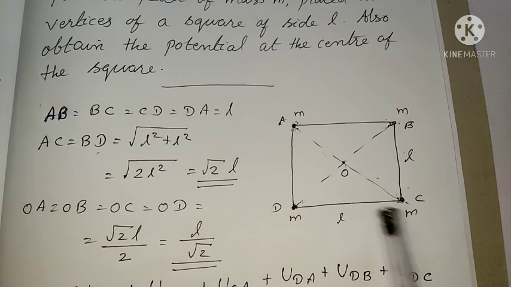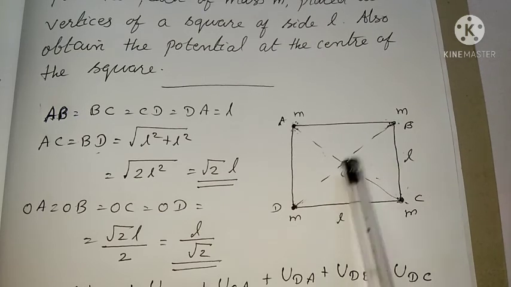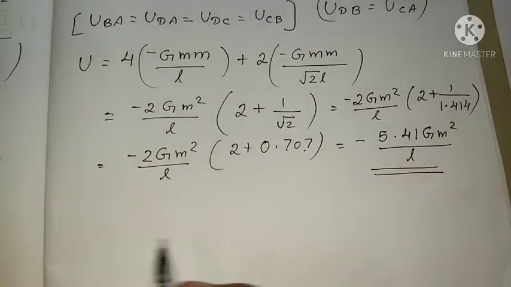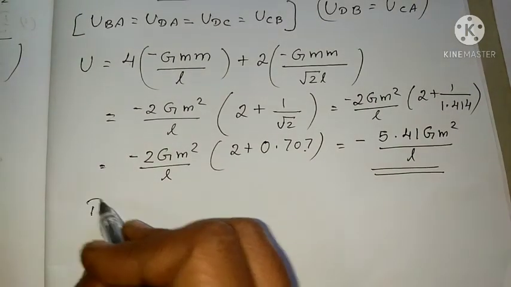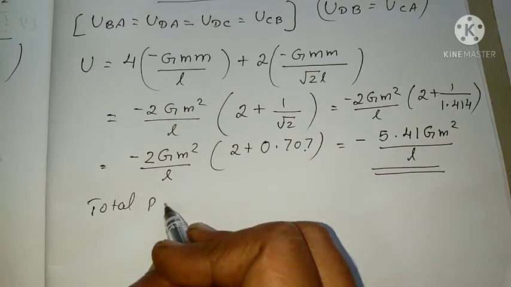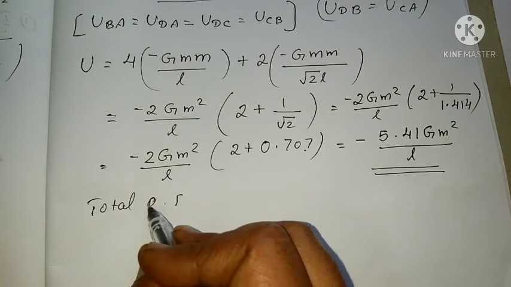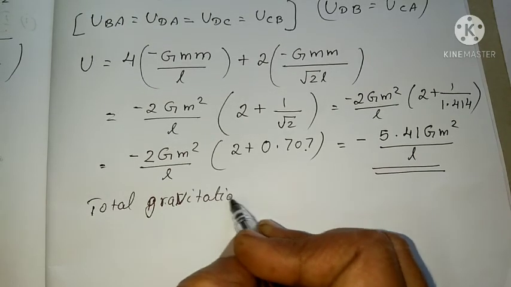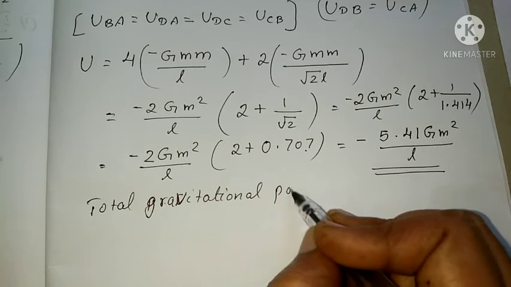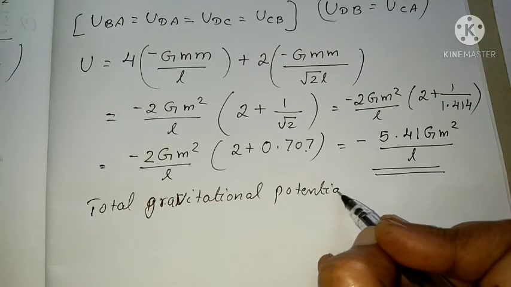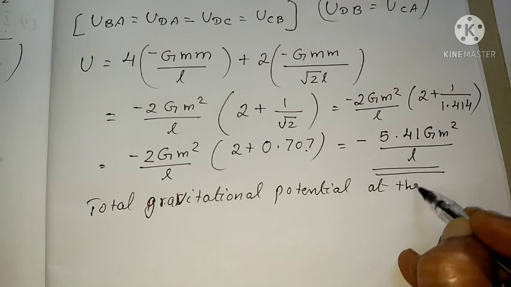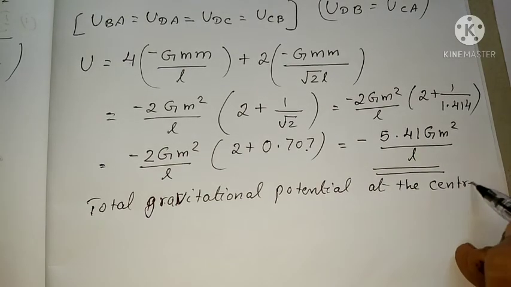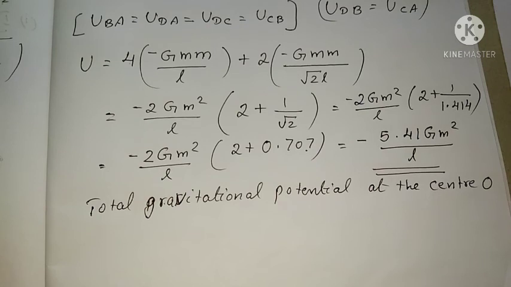The general formula for the potential at the center is minus G m by R. So we can write the total gravitational potential, not potential energy, gravitational potential at the center O. What is the general formula? Minus G m by R.